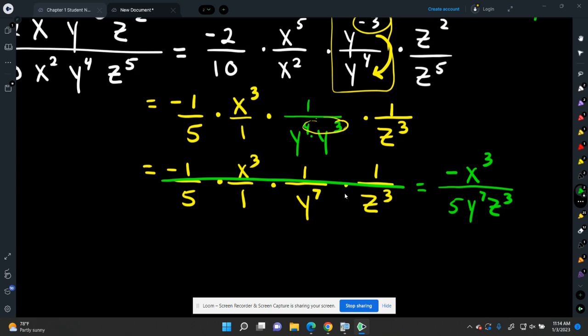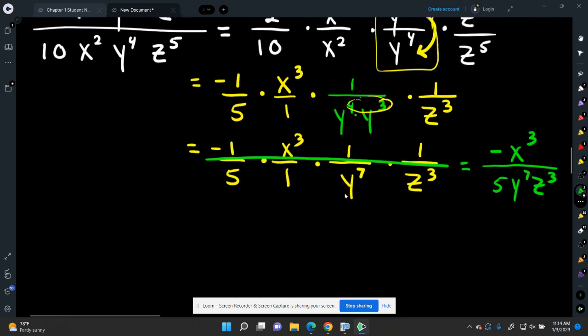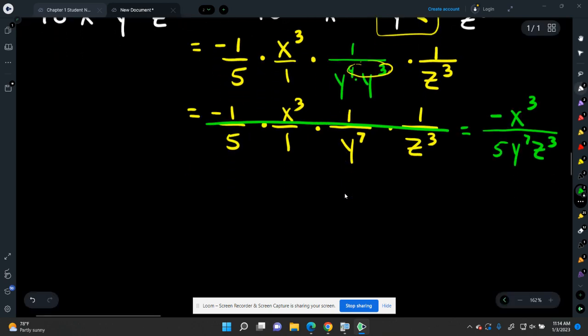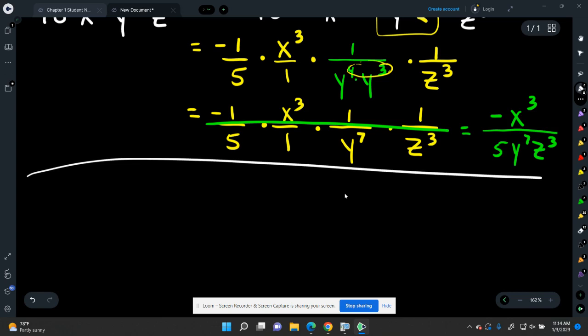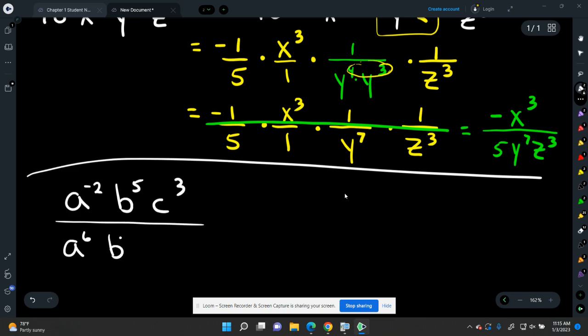Okay, we're going to do another one. Let's do a to the negative 2nd, b to the 5th, c to the 3rd over a to the 6th, b to the negative 8, c.